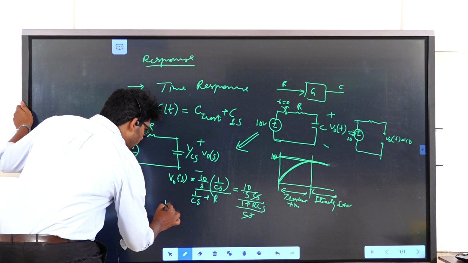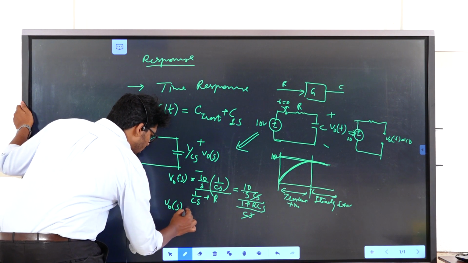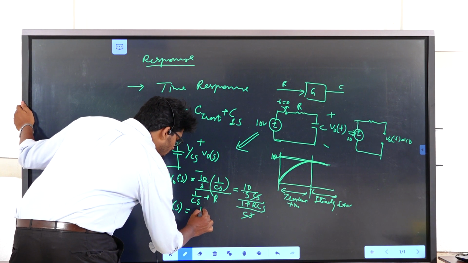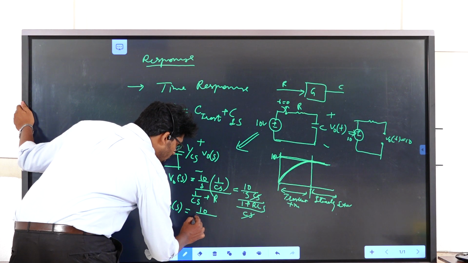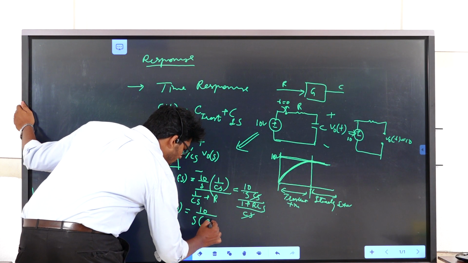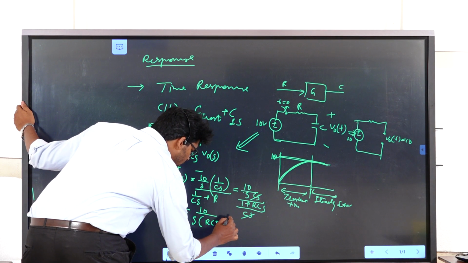You will have V naught of S equal to 10 by S into (RCS plus 1).